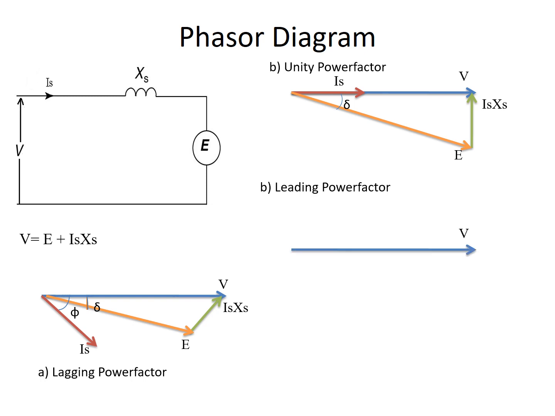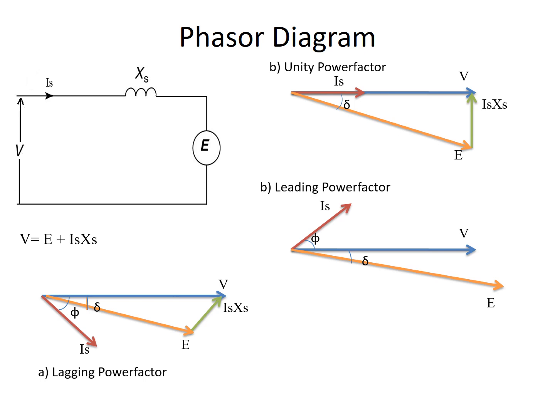If we draw V in this way, now Is is leading the voltage V. So it has to be drawn in this way. Angle between them is phi. Now we can draw E, angle between them is delta.